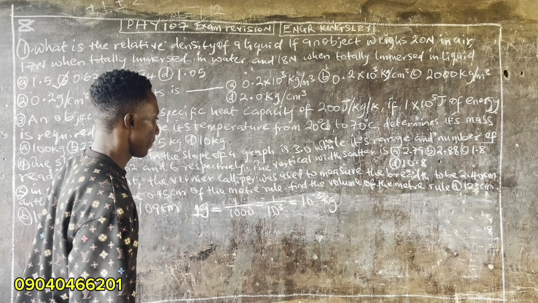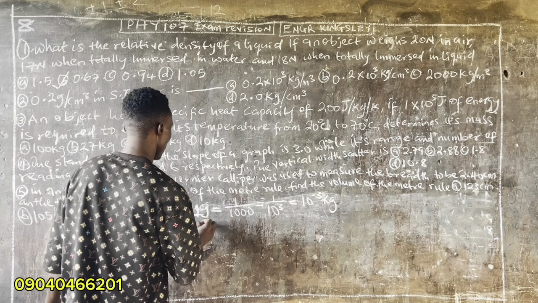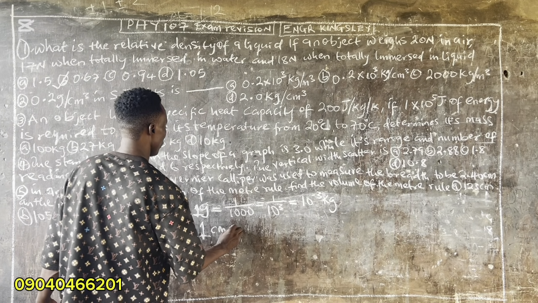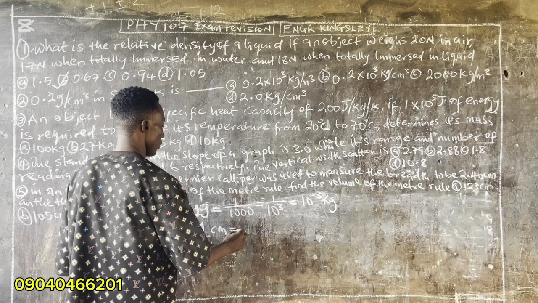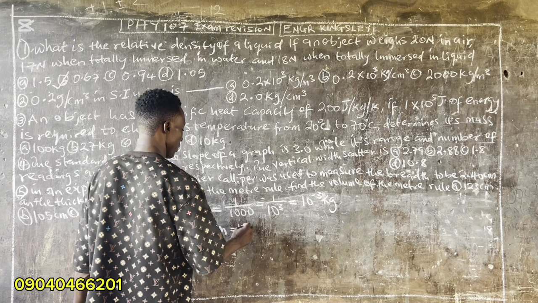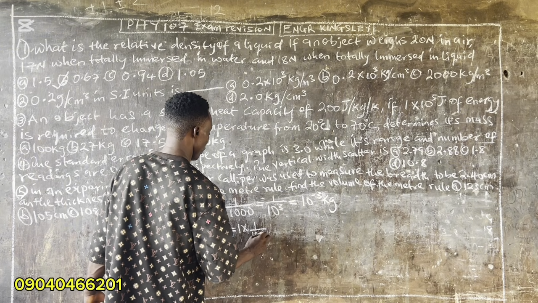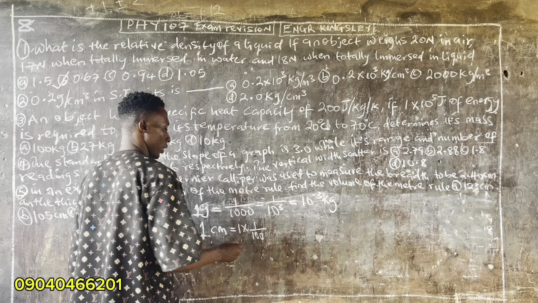If you want to change 1 cm to meters, you have 1 times 1 all over 100. If you want to change cm to meter, you divide by 100.